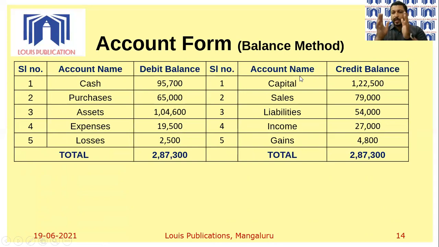So when accounts showing debit balances are shown on the left hand side and accounts showing credit balances are shown on the right hand side, we say the form of presentation becomes just like an account form. Remember, in a T-shaped account, left hand side is the debit side, right hand side is called the credit side. But as I mentioned, we don't use debit side and credit side at all as far as trial balance is concerned.